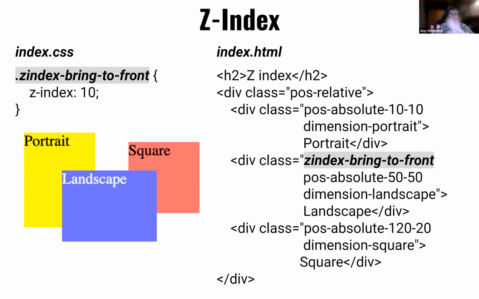For instance, normally the red square would render on top of the blue, because in order it would render the yellow first, then the blue, and then the red. But because we're giving a higher z-index to the blue here, it gets rendered on top of the red instead of the red on top of the blue. Okay, so z-index.